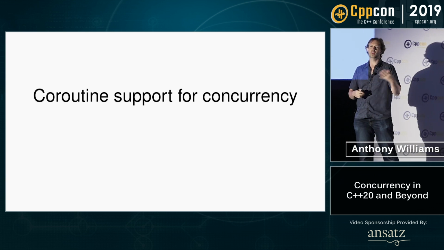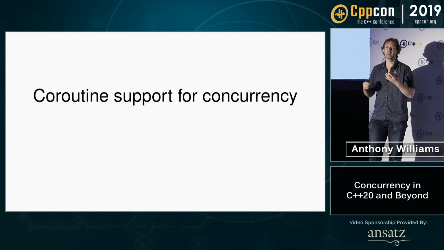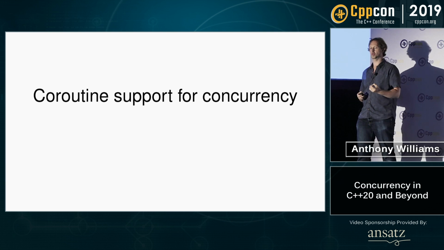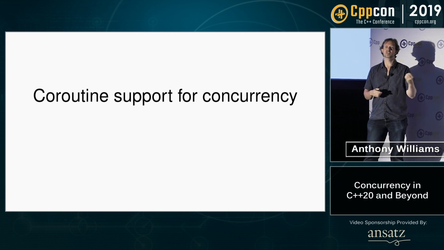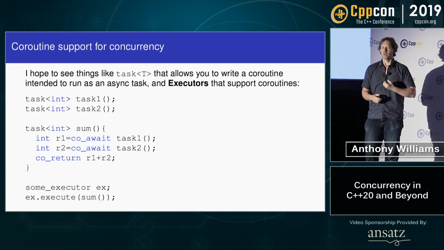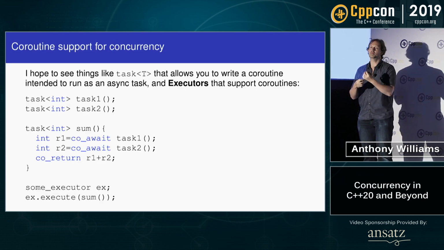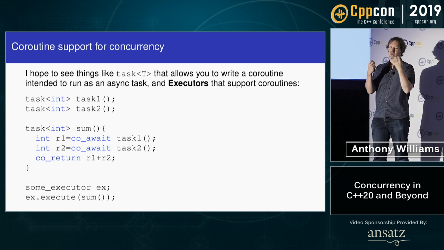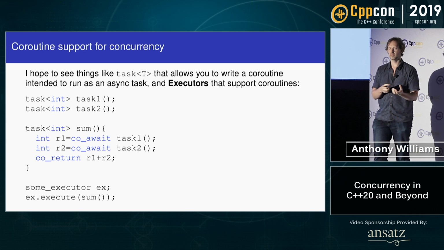Like I said when I introduced coroutines, the C++20 standard has coroutines but has no library support. I'm hoping that there is going to be some library support coming soon. The idea would be that you have something like a task of T that you could return from your coroutine to say that it was intended to run as an async task.